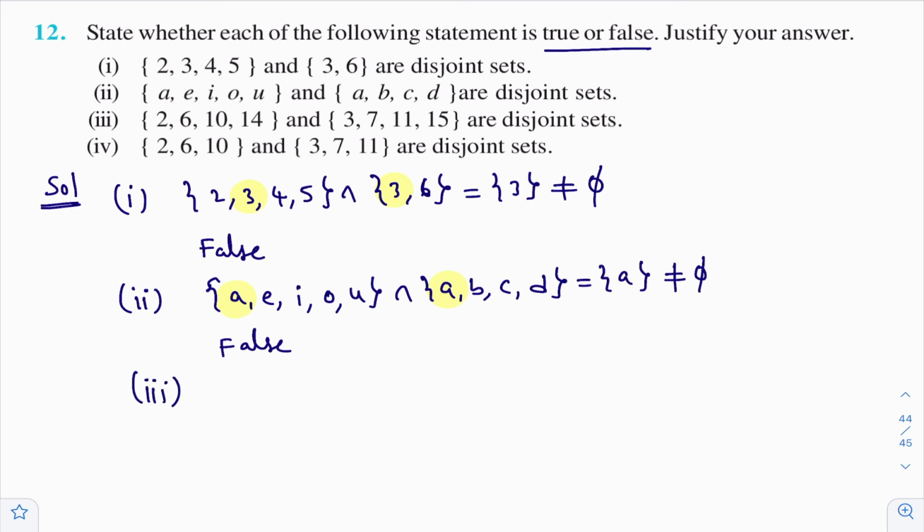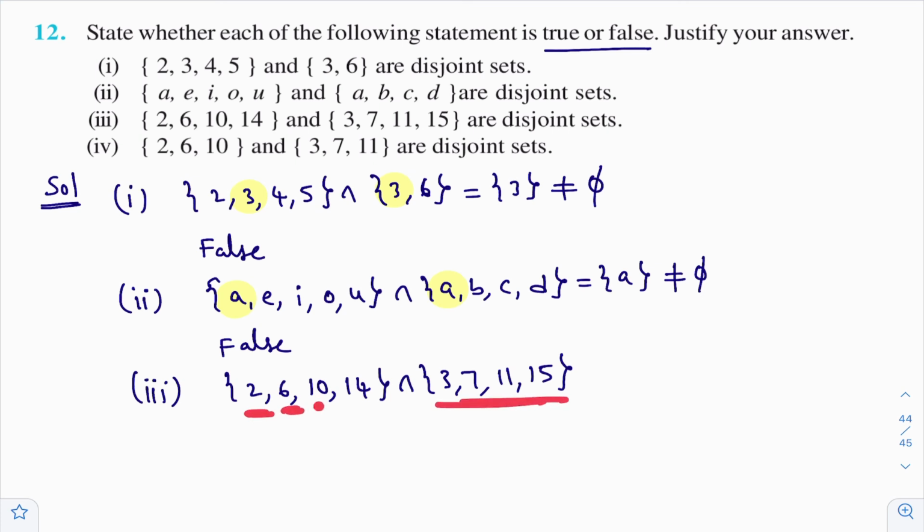Third bit. Two sets are given, and they are asking whether they are disjoint sets or not. To decide that, you just calculate their intersection: {2, 6, 10, 14} intersection {3, 7, 11, 15}. Observe, is there any element common to both? 2 is not in this, 6 is not in this, 10 is not in this, and 14 is also not in this.